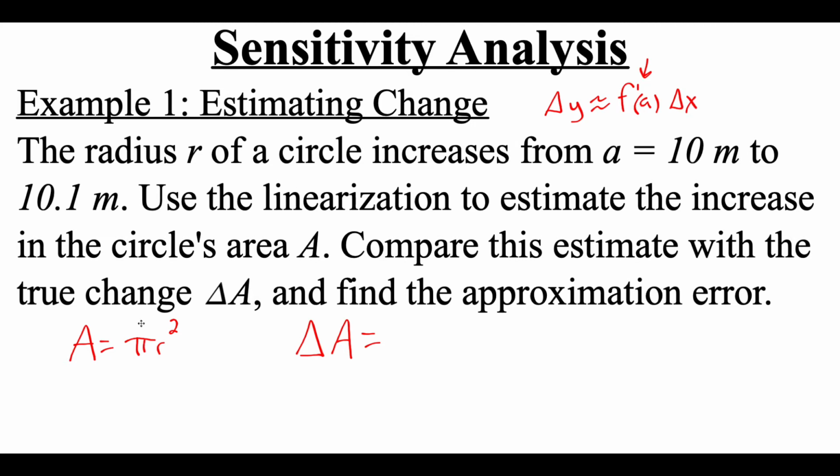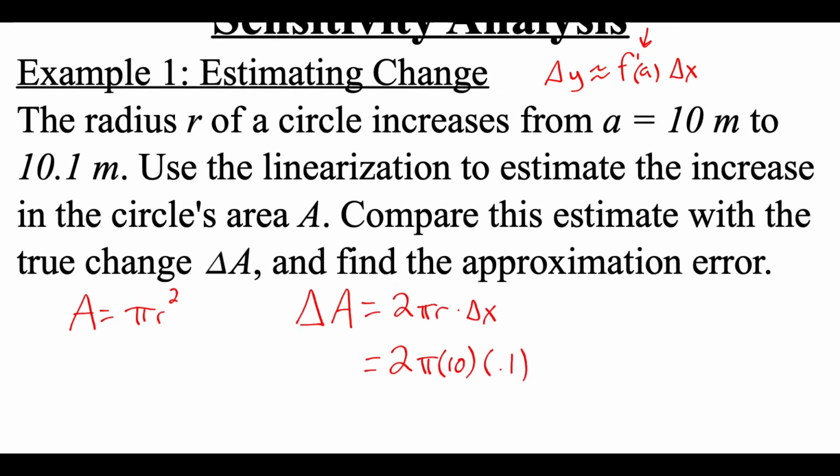So if we do the derivative of this area function, drop the 2 down as a multiplier, then we can call this 2 pi r, but then we want to multiply by the change in the x value. So filling in what we know in here, we started with a radius of 10. So I'm going to fill that in for the r value, but then we're looking at how much that radius is changing. So going from 10 to 10.1, it's changing by 0.1 meters.